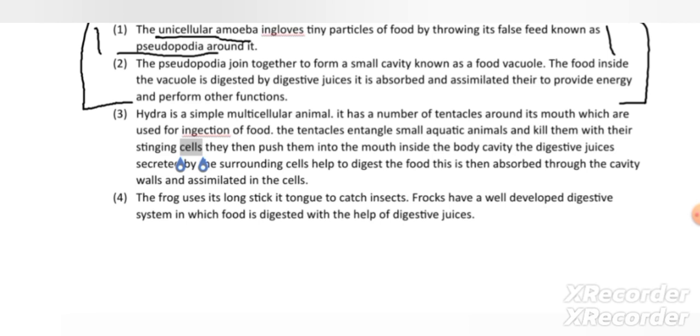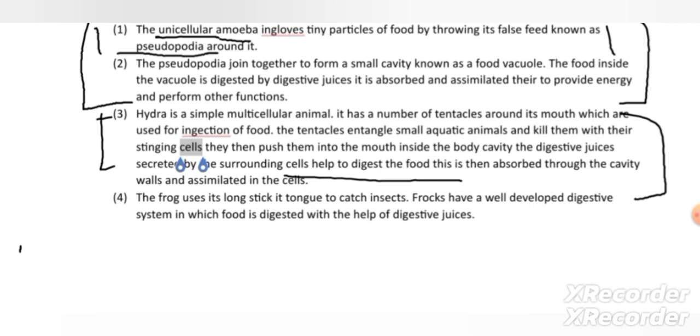These types of stinging cells are present in the Hydra's body. It kills the aquatic animals with these stinging cells and pushes them into the mouth. The digestive juices help digest the food, and then it is absorbed by the cavity walls and assimilated in the cells. So this was the digestion process of Hydra.